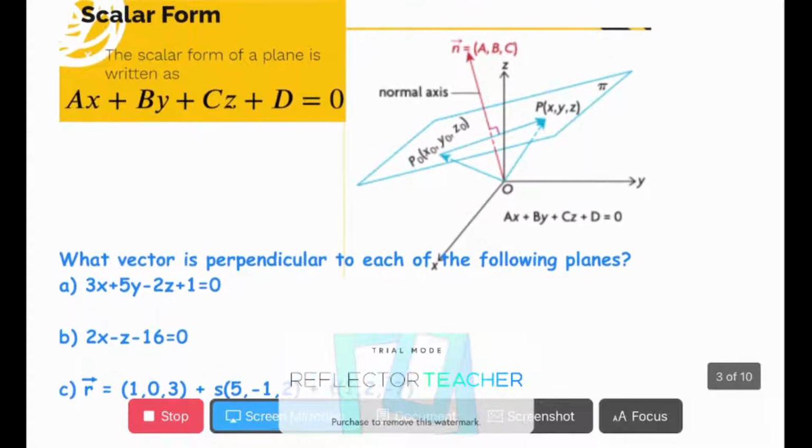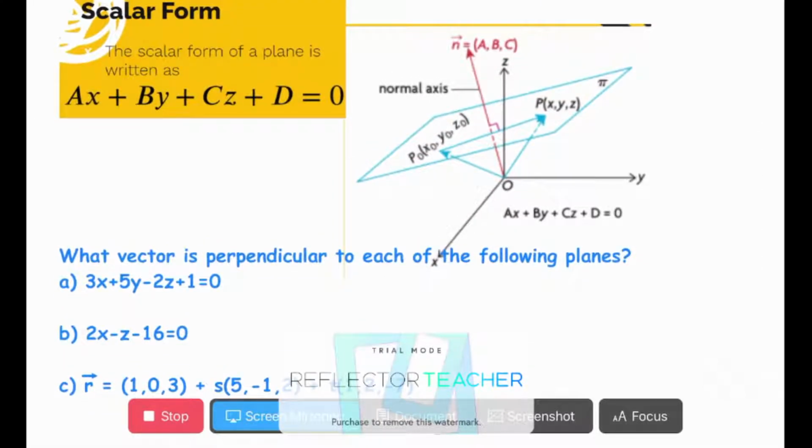The scalar form of a plane is written as ax plus by plus cz plus d equals 0. Let's try that again. Ax plus by plus cz plus d is equal to 0. So this looks familiar. This is just like our Cartesian or standard equation for a line. So remember, we've seen something similar before.